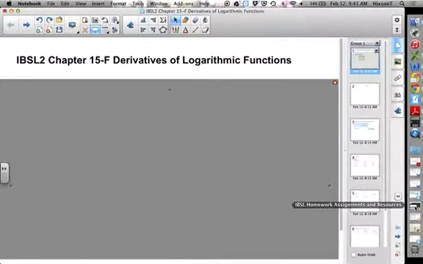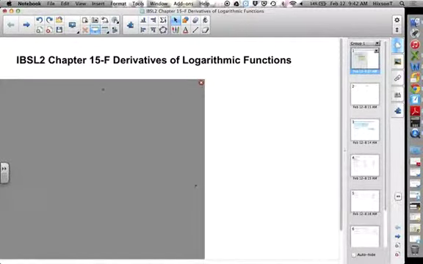So, what I want to look at today is the derivatives of log functions. Okay, logarithmic functions. We are going to isolate our focus on the natural log. The reason why we only need a natural log one, I'll show you here, is if you remember, if we had a log base 10 of x squared.